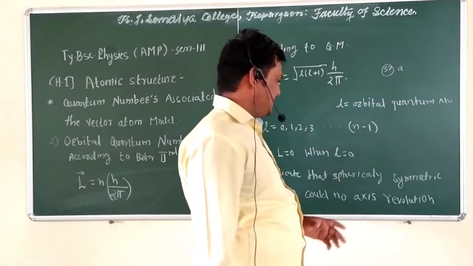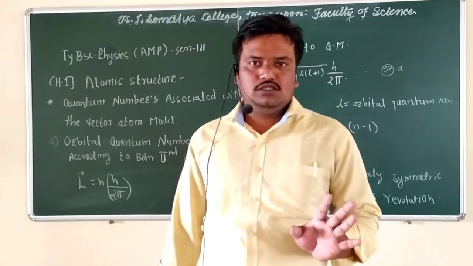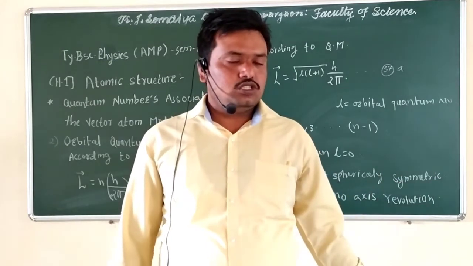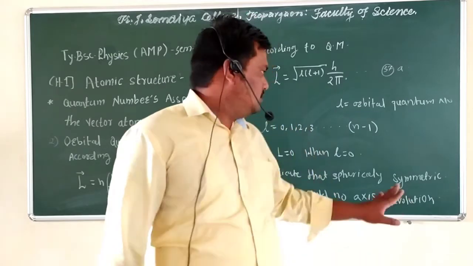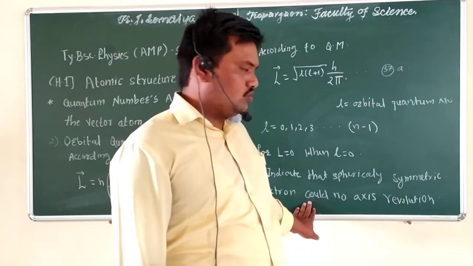In quantum mechanics the wave function has two solutions, a spherically symmetric solution and a spherically asymmetric solution. So L equal to 0 is considered the spherically symmetric electron with no axis of revolution.